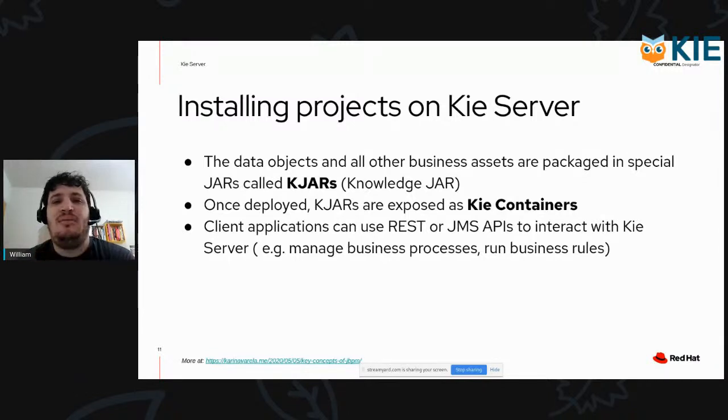Just think about packaging everything in a zip file to make it easy. Then you install these things on KeyServer, and KeyServer will expose them as KIE containers. It will be clear when we go to Business Central, where you will see what I mean by container and project and so on.